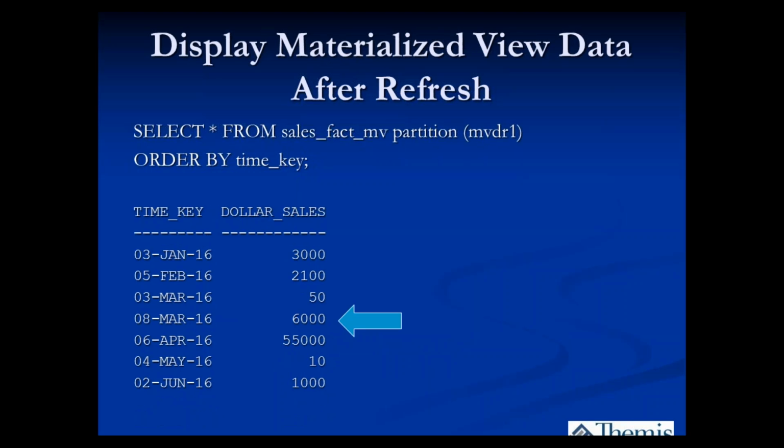So if I take a look at that next, we're just confirming now that the process actually worked. There's my March 8th for $6,000, which is the sum of 4,500 and 1,500. And you notice up here I'm doing a select from my materialized view. And the process is done.